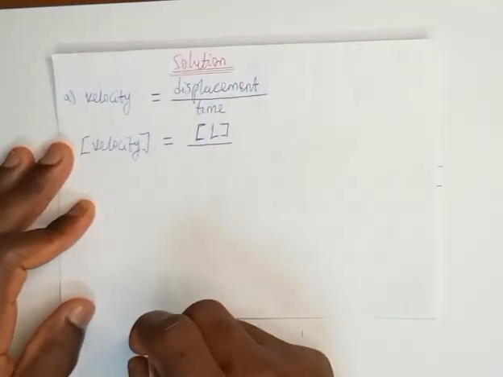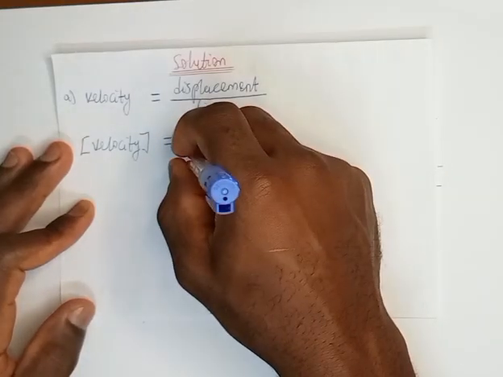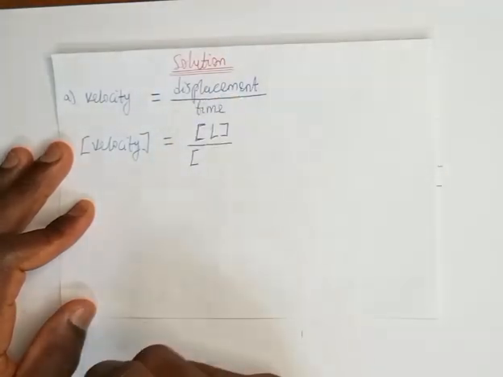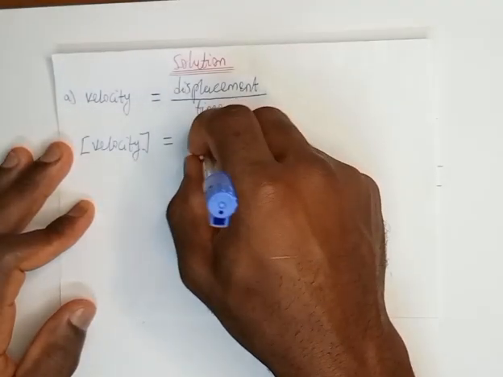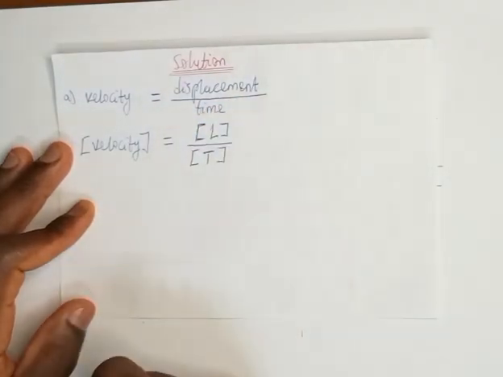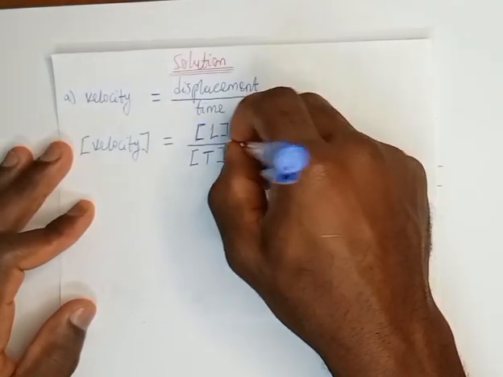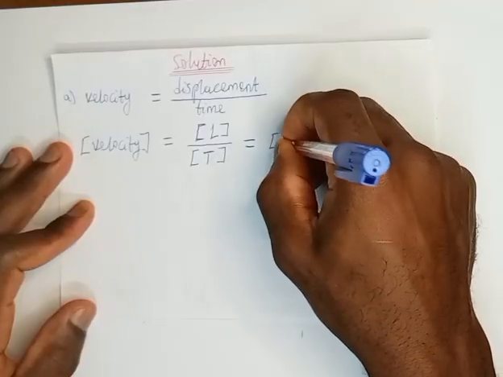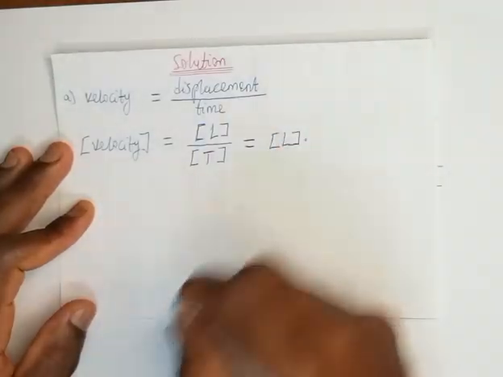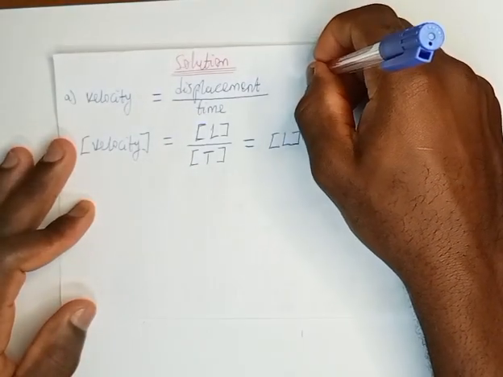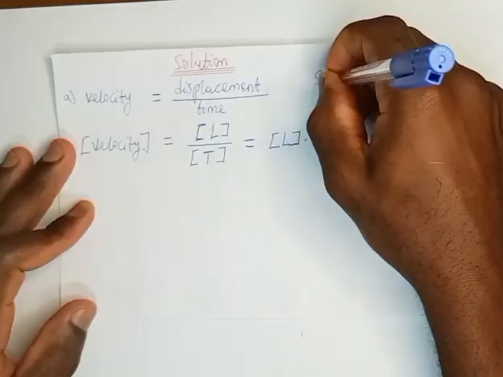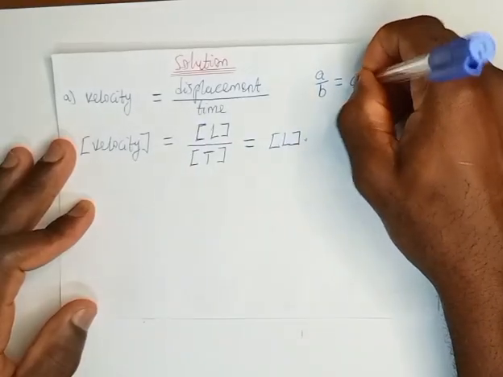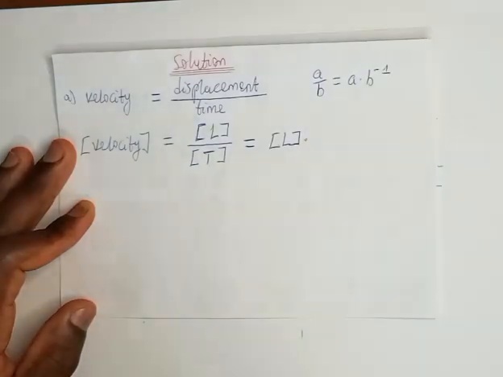Then we divide by the dimensional symbol for time, which is T, in square brackets. We can express this as L in square brackets times, remember, if you have E over B, it can be expressed as E times B to the power negative 1.